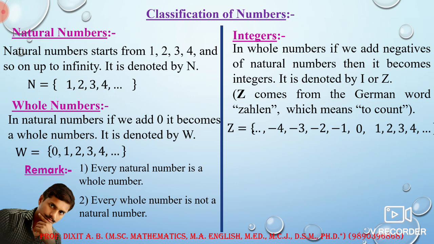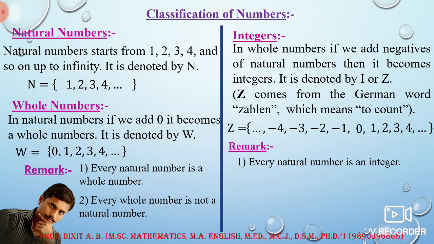Now again we'll see some remarks, related to the relation between natural, whole and integers. If you observe natural numbers and integers, all the natural numbers 1, 2, 3, 4 are included in N as well as in Z. So here is my first remark: every natural number is an integer.